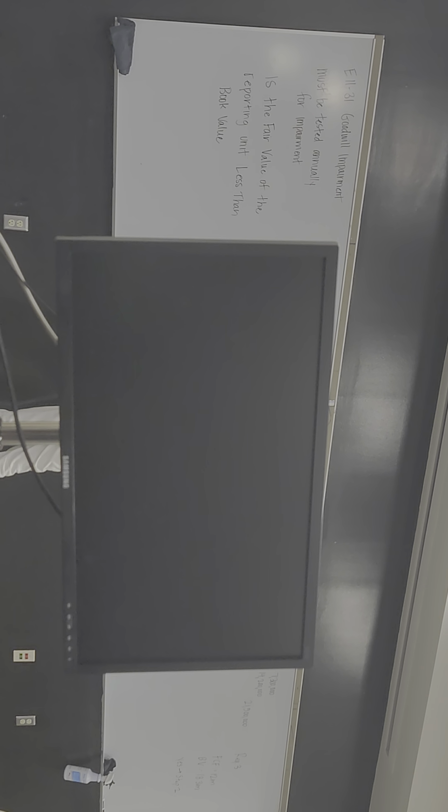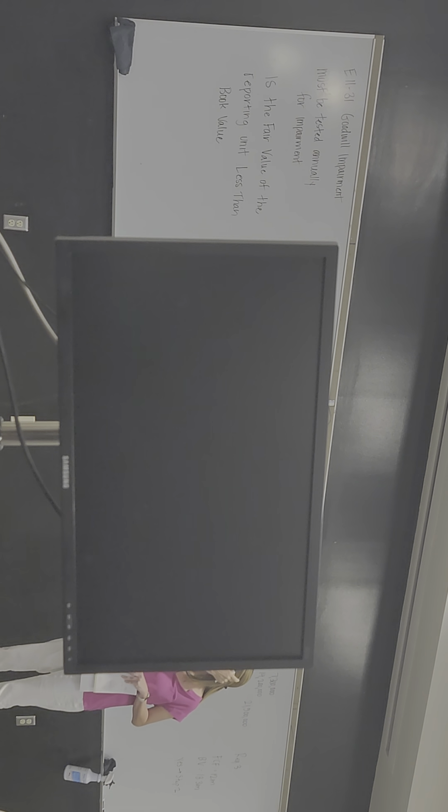Our journal entry is to debit goodwill impairment loss $30 million. And reduce our goodwill. Remember, we had goodwill of $50 million. We just reduced it by $30 million down to $20 million.